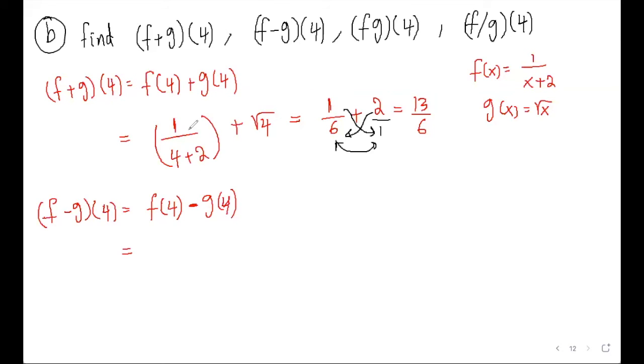It's like before. 1 over 4 plus 2 is 6, so 1 over 6, minus g of 4. Square root of 4 is 2. Now we do the cross multiply. 6 times minus 2 is minus 12, plus 1, minus 11 over 6.